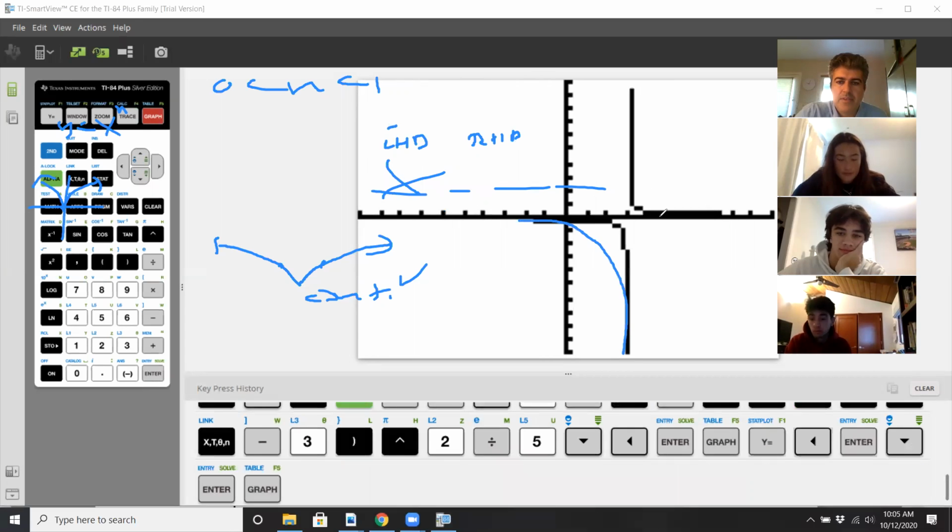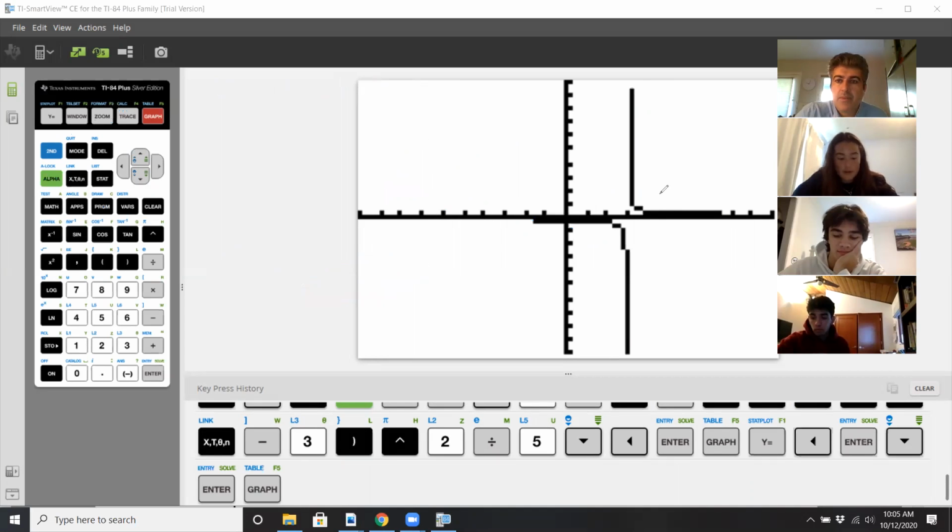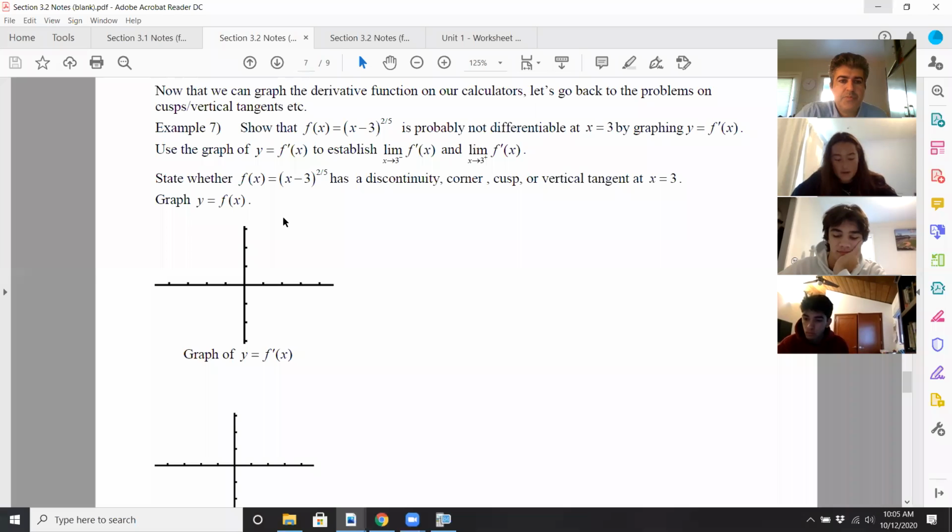Kind of like this. So let's go back to this here. Again, our graph looked like this. That was our original graph. The derivative graph looked like this. At x equals 3, we notice an asymptote. And it looked like this.